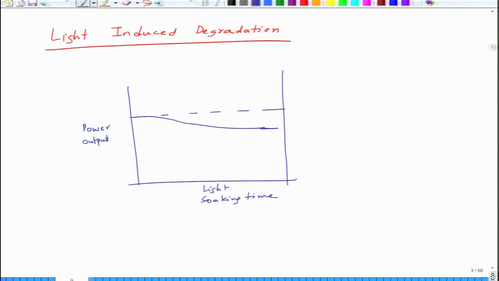So, there is a reduction in power density that comes out of the solar cell as a function of time, and this is due to an effect called the Staebler-Wronski effect. Okay.